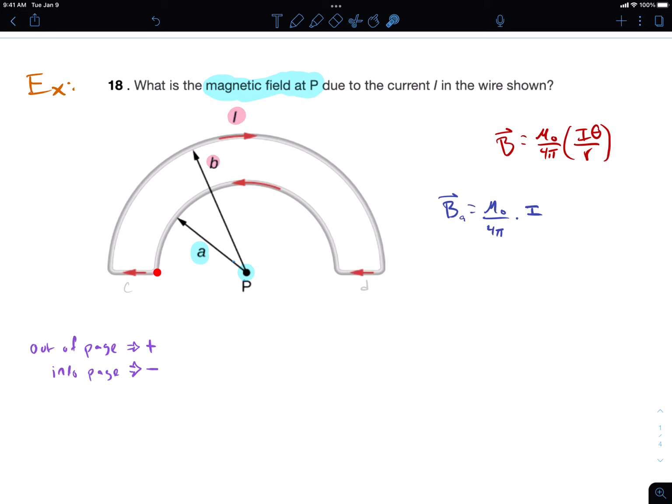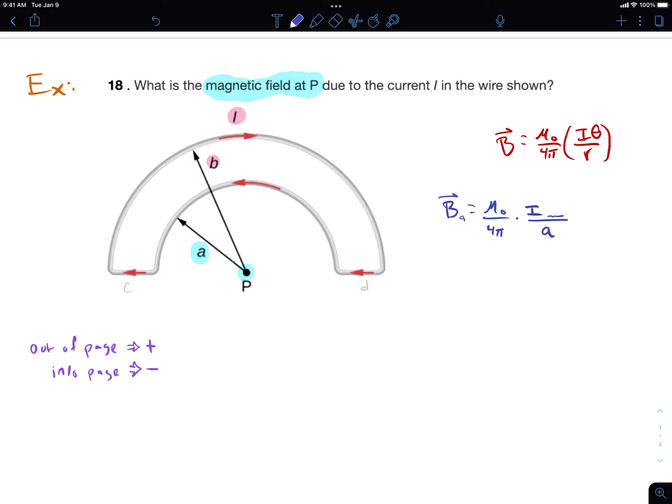Here I have a small circle with P at the center, and my radius from center to edge is A for segment A. So for r, I'm going to put A. Now, for the angle here, what is the angle of half a circle in radians? So the angle in radians.